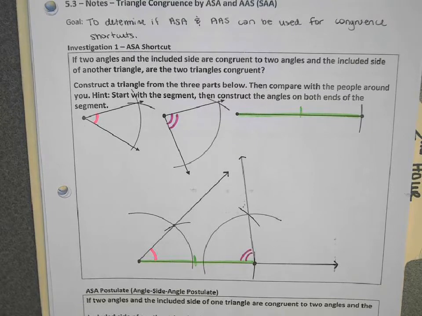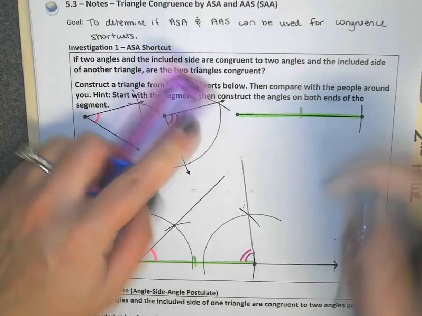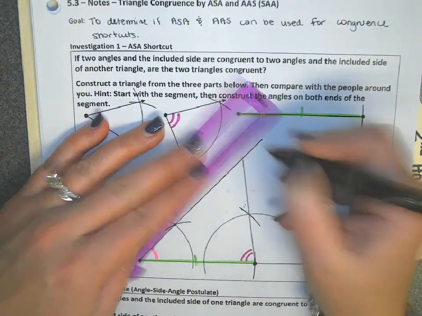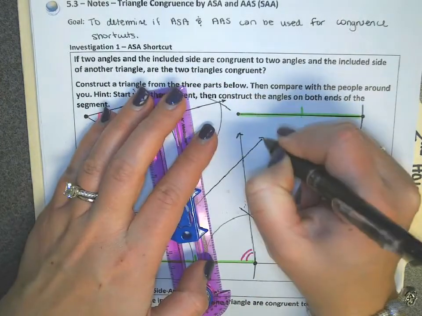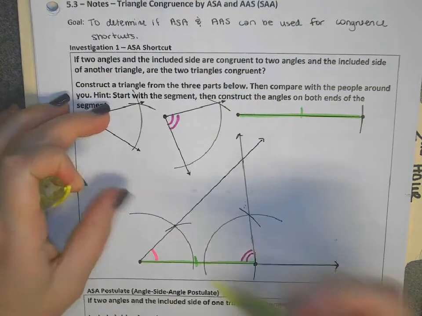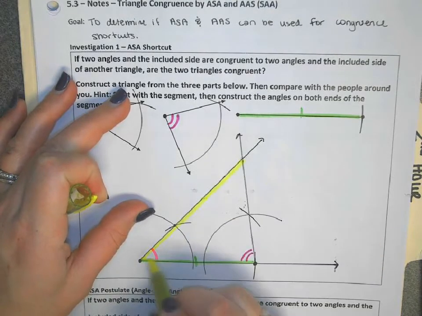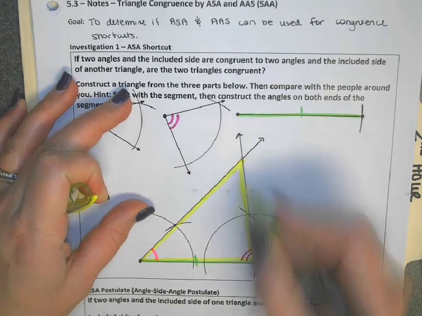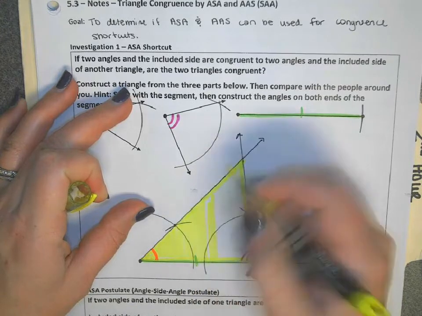Now I may actually have to extend these rays so they create a triangle, because it looks like mine were not long enough. But this angle, this side, and this angle met at a point, and that made a unique triangle.